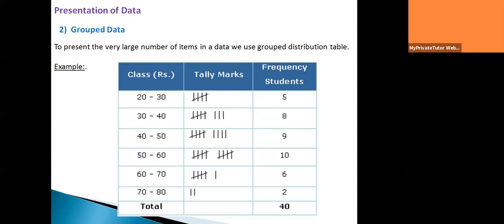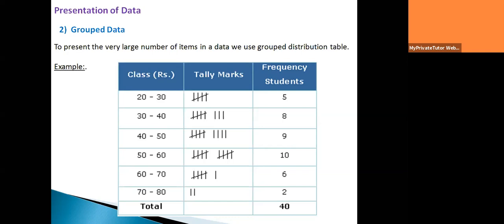First we are separating the marks. How many students scored between 20 to 30 marks out of 100? How many students scored 30 to 40? This is nothing but a class. We are dividing the total marks into different classes based on the student marks.